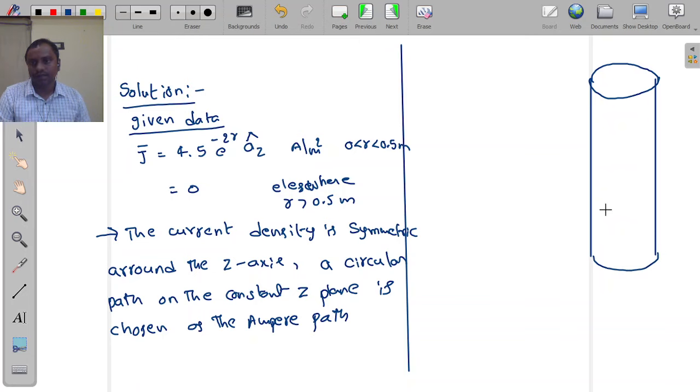This is the cylinder. This is the z axis.